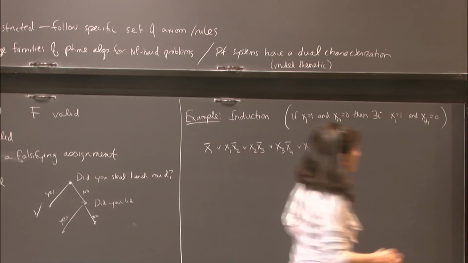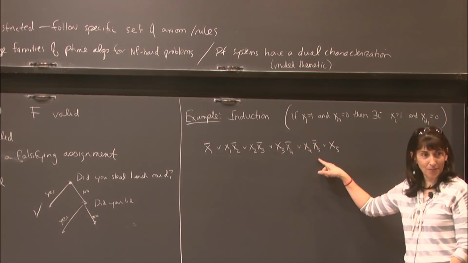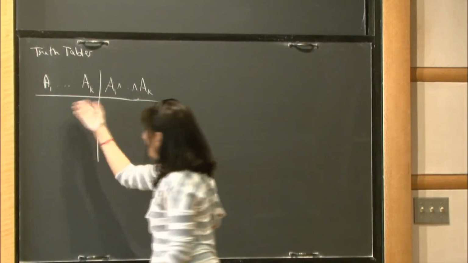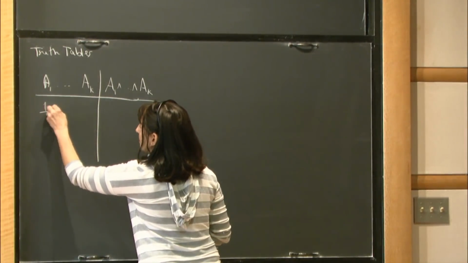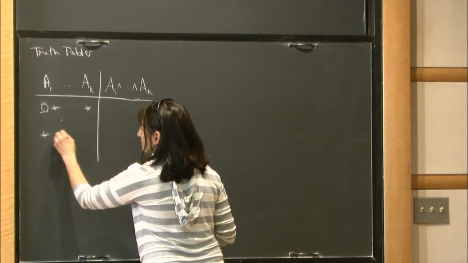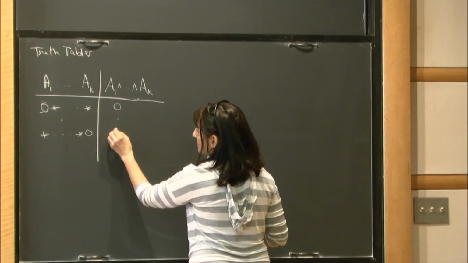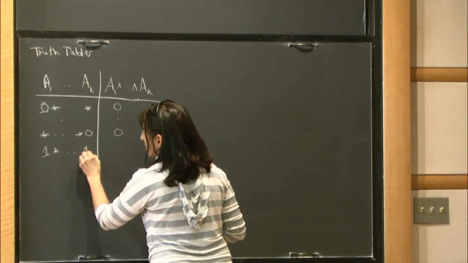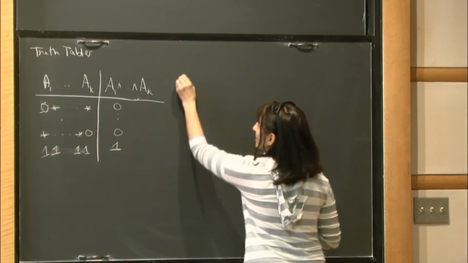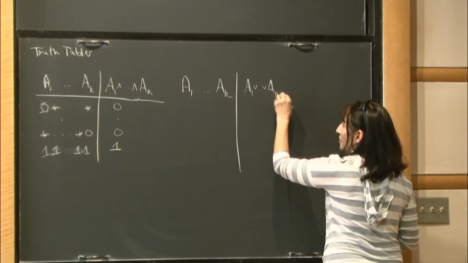Again, I don't want to waste my time, so I don't want to deal with the fact that if I make one of these terms true, then I have to do all these queries. So instead I'm going to be a little more liberal with the truth tables. If any one of these is 0, then this is 0, and if all of them are 1, then it's 1, and likewise for the OR the other way around.